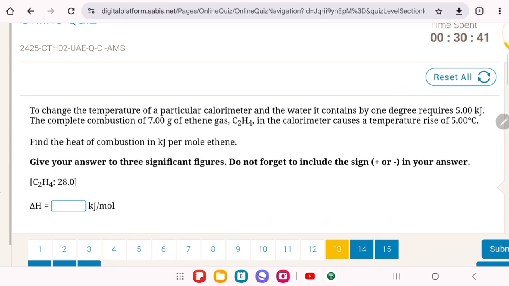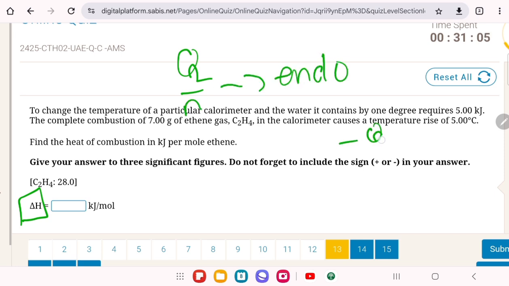To change the temperature of a particular calorimeter, oh look, first of all, we have delta H, yes? And they didn't give us any bond energy. So that means delta H is either Q/N if it is endothermic, and minus Q/N if it is exothermic.